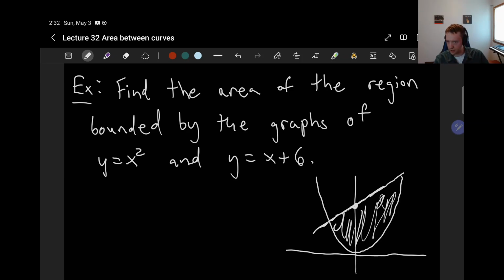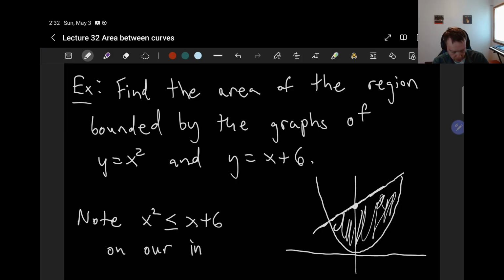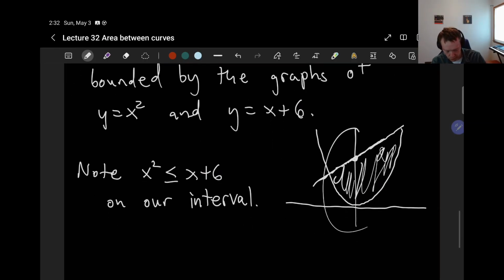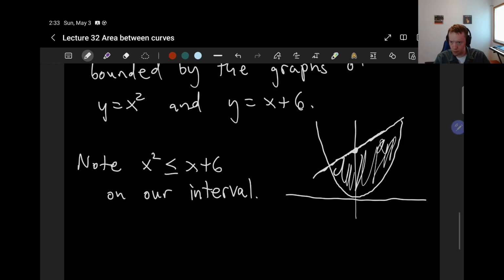So first thing to note is which curve is higher on this interval. Well, that would be the line. It's higher up than the parabola. So note that x squared is less than or equal to x plus 6 on our interval. Of course, that changes elsewhere, but we're only concerned about this little region here. So next, I want my limits of integration, the x values that I integrate between.